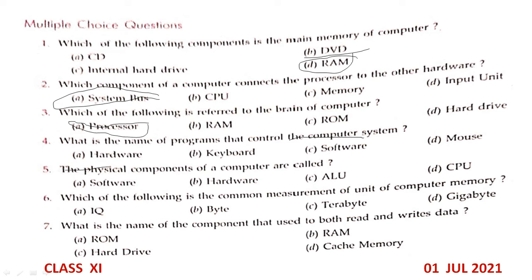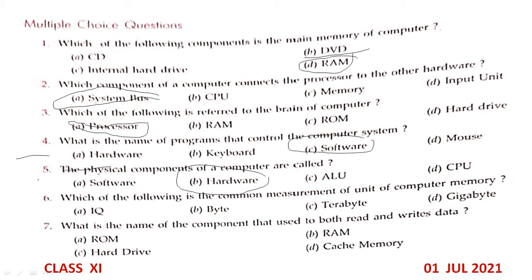The answer will be software, and mouse is also a type of hardware. Next question, the physical components of a computer are called, the simplest answer, hardware.